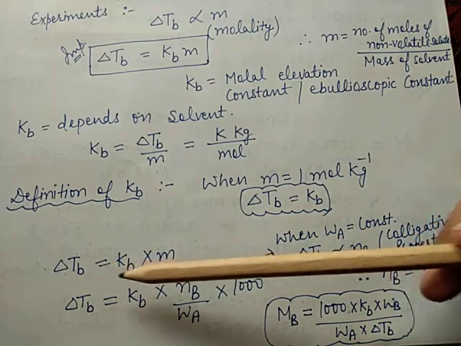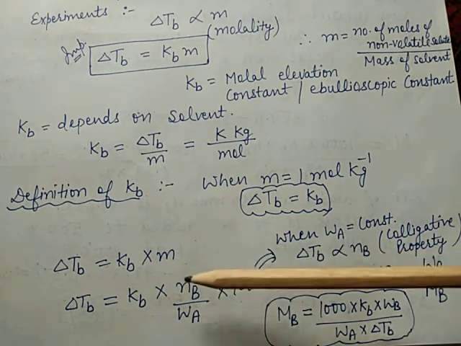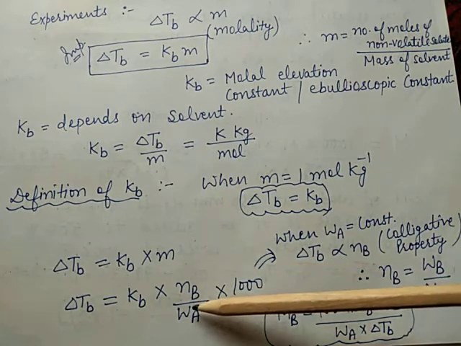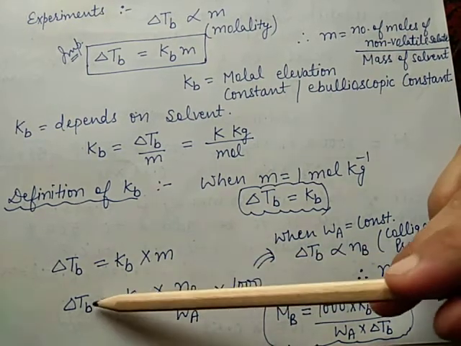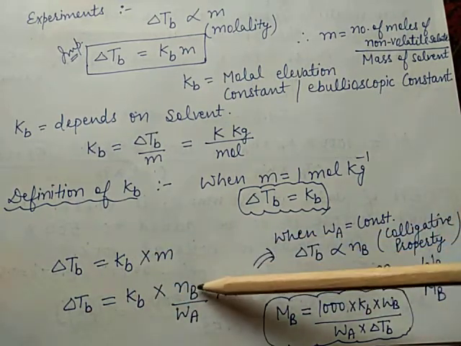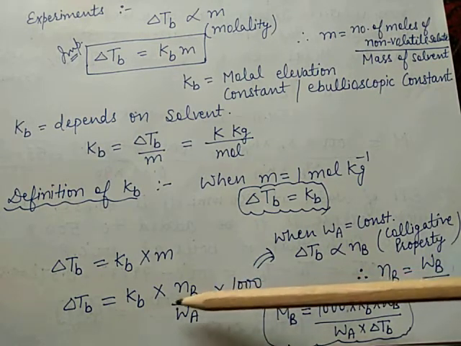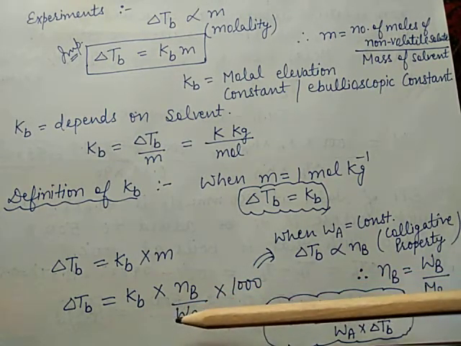Now, delta Tb is equal to Kb into m. m is equal to Nb by Wa in kg. It means delta Tb is equal to Kb into Nb, the number of moles of solute, divided by the mass of solvent.